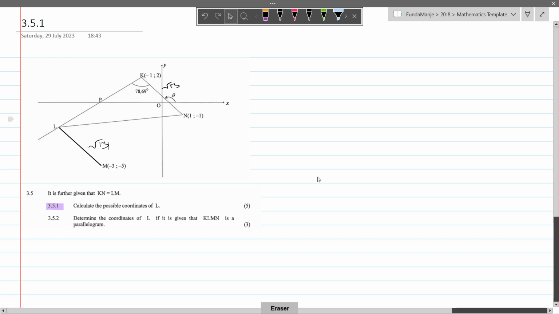But we know that there are two ways in which this can occur. Our point L is any point along this line.